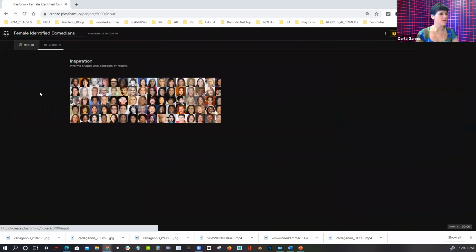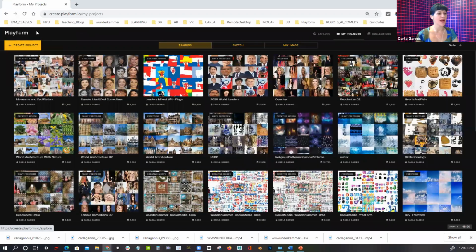So for example, here are some of the inputs. What's really great about the platform as it's been growing is just the number of ways that you can train images. So I was talking in my presentation about freeform, creative morph, wavy freeforms.